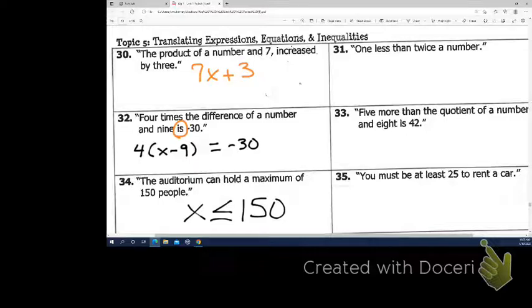This one has an "is," this is going to have an equal. 31 is going to be like 30, just an expression. So 30 and 31, expressions. 32 and 33, equations. 34, 35, inequalities. But even if they can be solved, you don't need to solve them in this section.